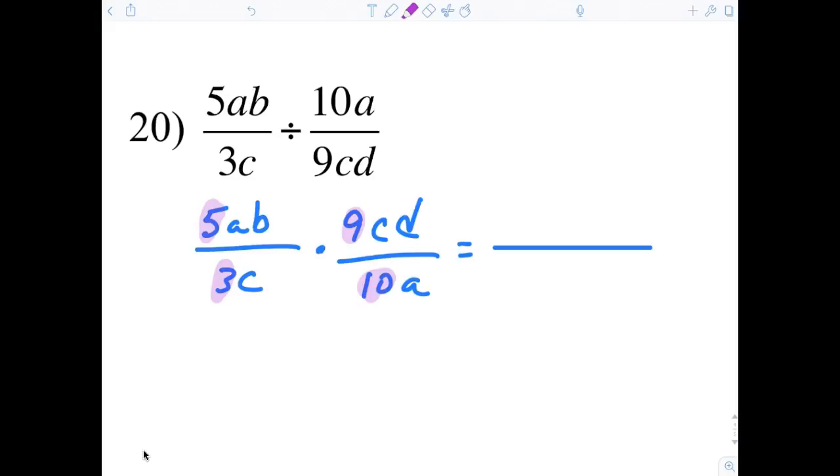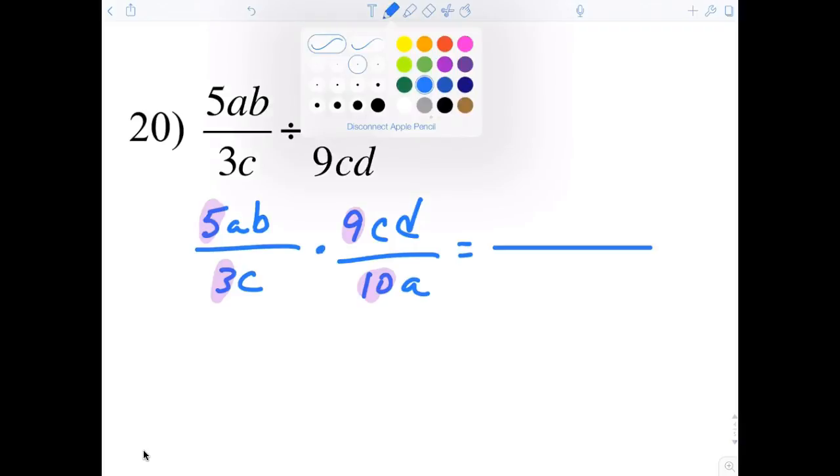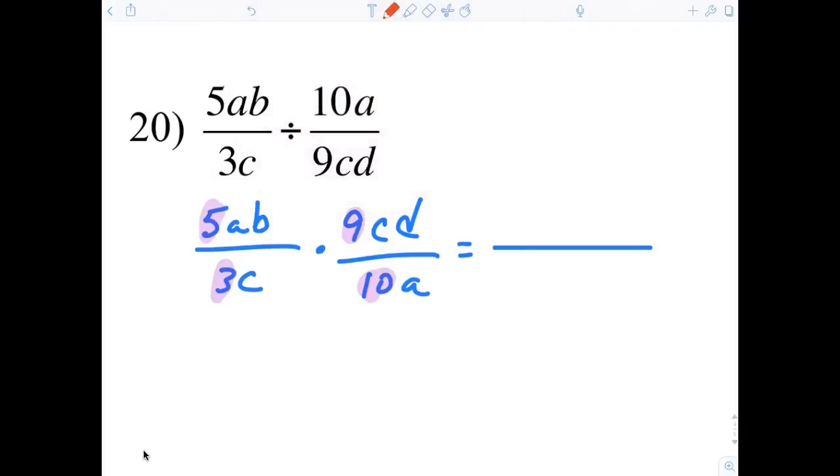All right, Max, what numbers can I reduce here? Not A, that's a letter. I want to do the numbers first. 3 reduces to 1 and 9 reduces to 3. Good job. 10 reduces to 2 and 5 reduces to 1. Amazing. So your final fraction is 3 over 2.